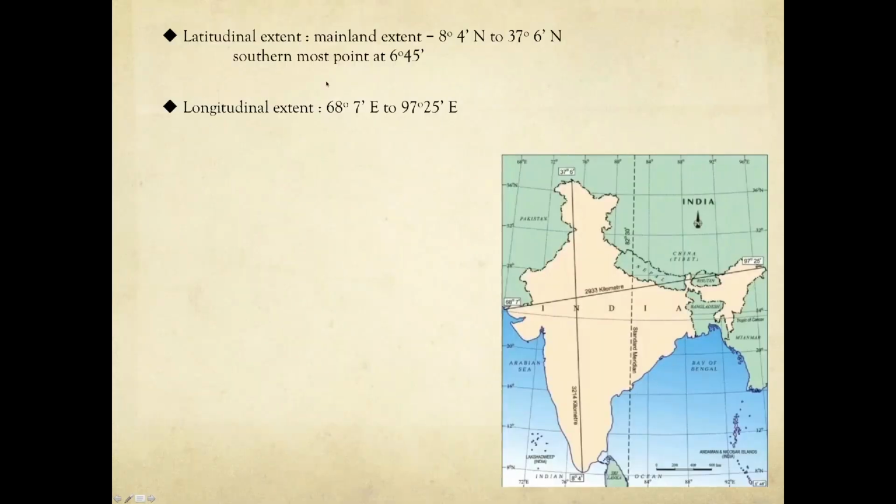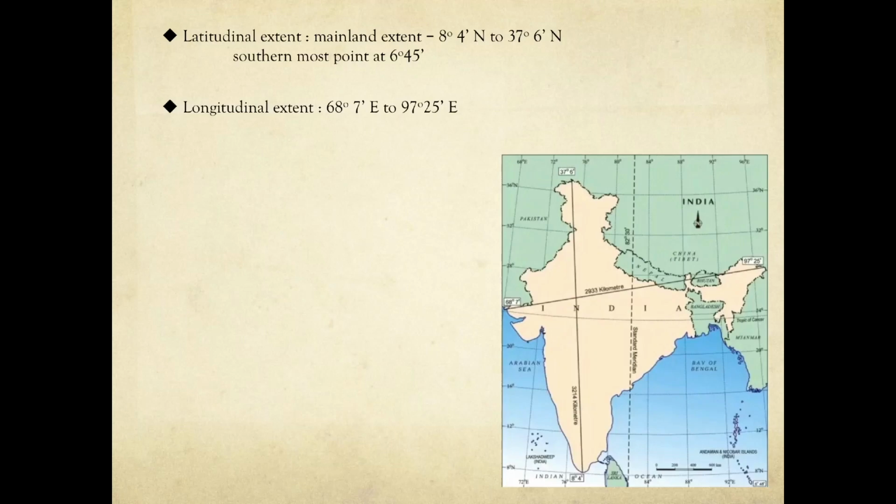Then the latitudinal extent and longitudinal extent of India. India's mainland extent is 8 degree 4 minute north to 37 degree 6 minute north. It is north of the equator.